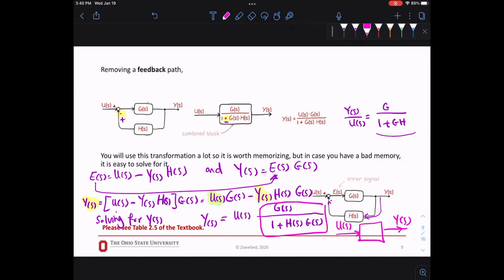Also, I usually let you bring your cheat sheet, so you can put that in your cheat sheet. But since we use this a lot, it's good to remember it. Good. Shall we continue? If I'm going fast, let me know, because I think most of you know these things, so that's why I'm going a little bit faster. But if you need me to slow down, let me know.